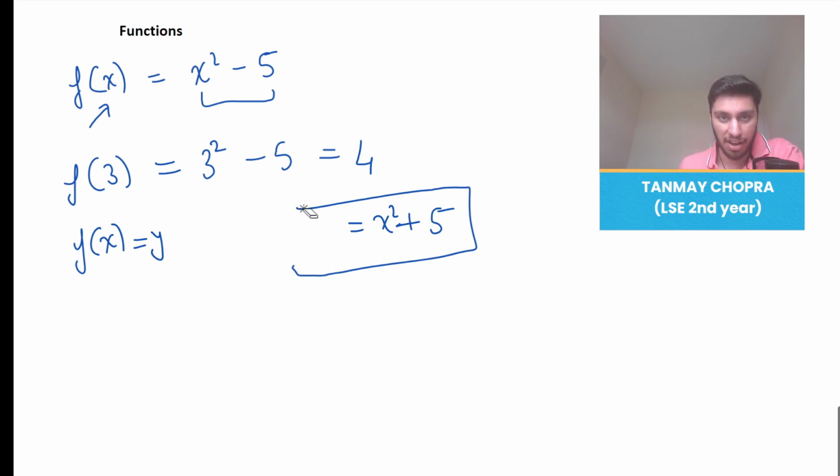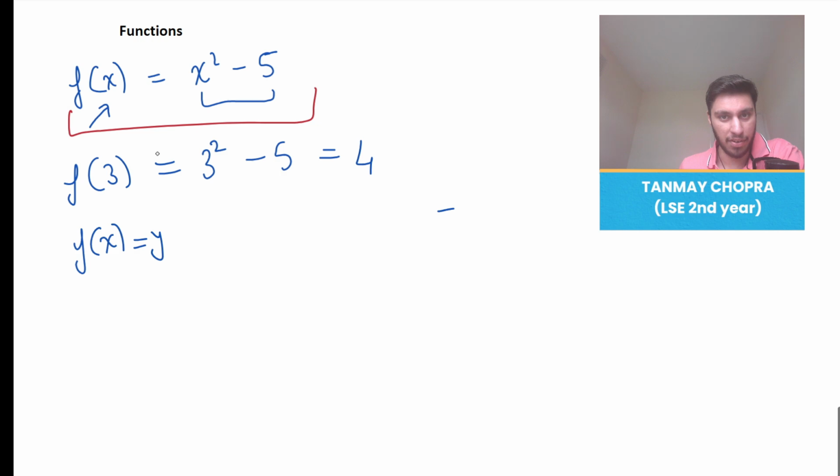Right now, what I wrote, f of x equals x squared minus 5, looks like a formula. How is it so different from y equals x squared minus 5? Now imagine I construct a different function, g of x.